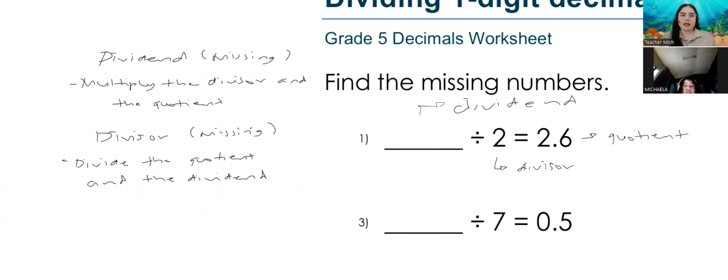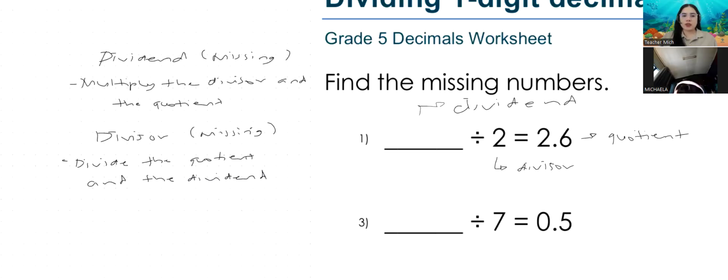Okay, again, Michaela, let me ask you, when the dividend is missing, what is the process that we need to follow? Multiply the quotient with the divisor. Okay, very good. You need to multiply the quotient by the divisor.